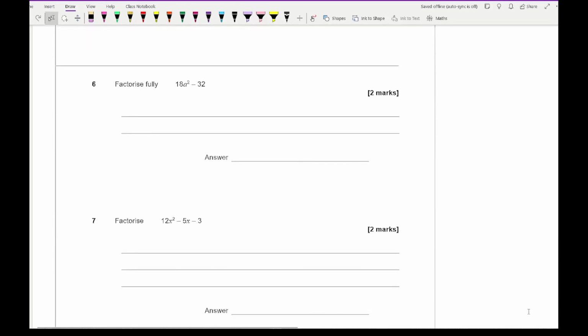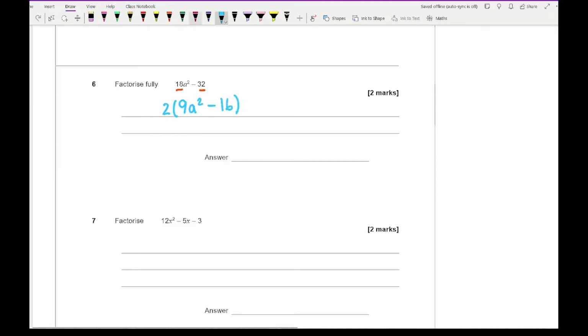Question 6, it says factorize fully. So looking at the numbers, I want to take out the biggest number that goes into both the 18 and 32, and that is going to be 2. And then I've got a, and now I haven't, so I've just got the 2. So taking 2 out, I get 9a squared minus 16.